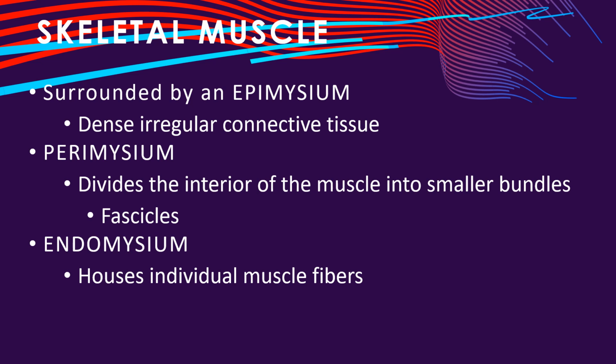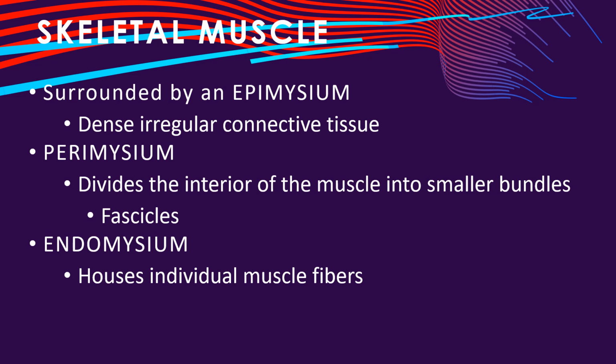Let's take a look. Your skeletal muscle is surrounded by an epimysium. This epimysium is made of dense irregular connective tissue that surrounds a bundle of skeletal muscle fibers. Your perimysium divides the interior of your muscle into smaller bundles to produce your fascicles.